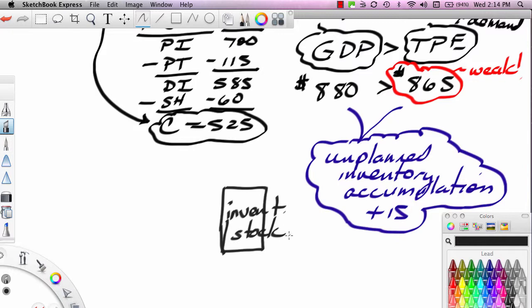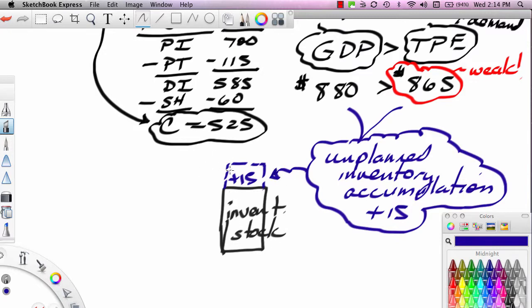In other words, businesses carry inventory across periods. So the business sector, the producing sector, already had in hand inventory when it came into the current year. What happened during the year? Well, during the year, the inventory level went up. It went up unexpectedly. By how much? By $15. This is your unplanned inventory accumulation.